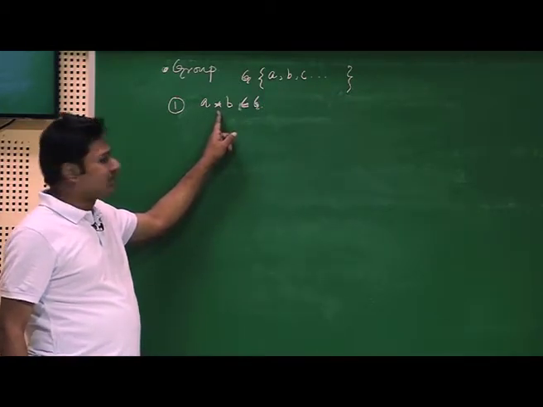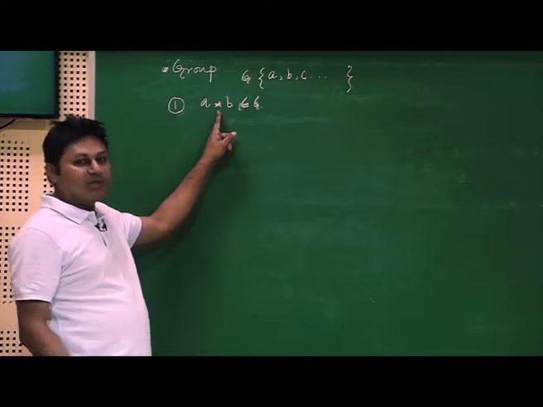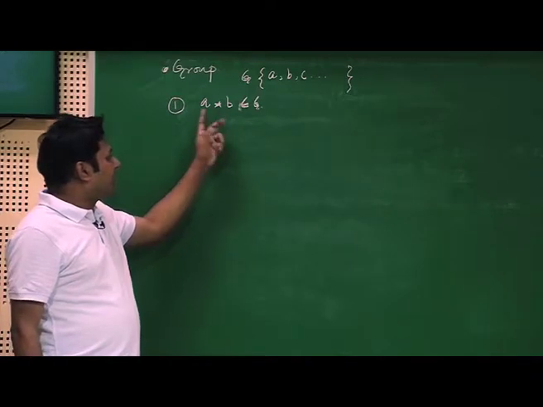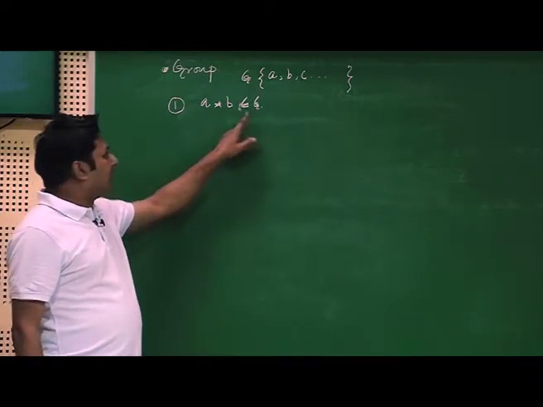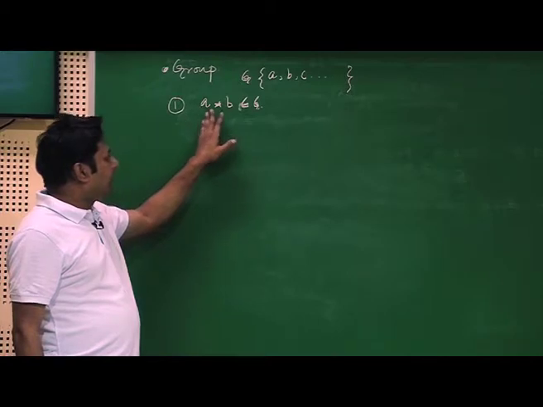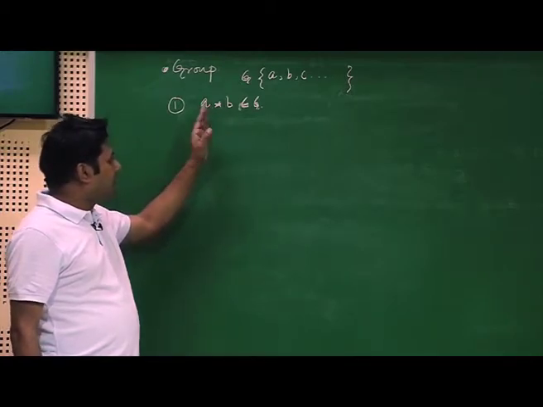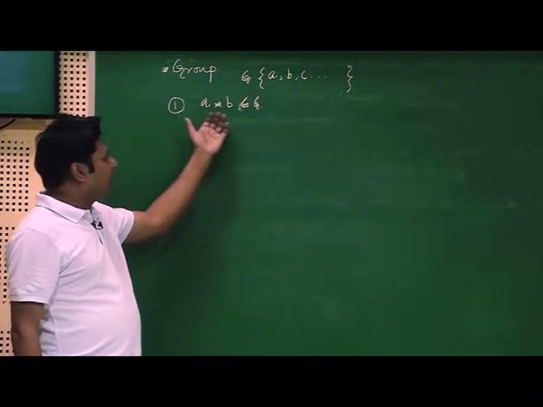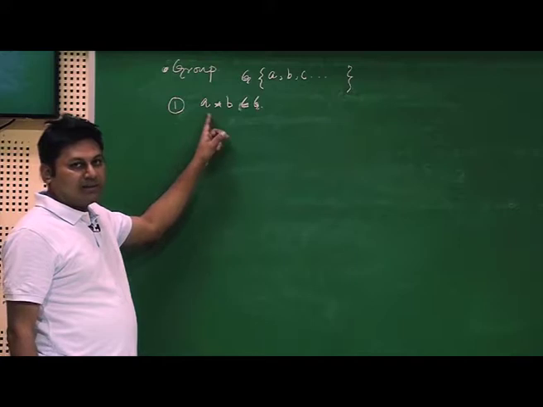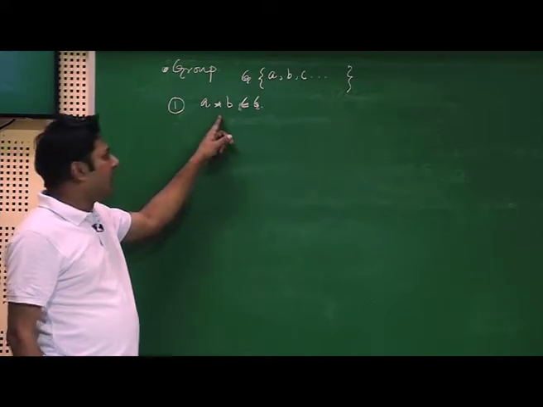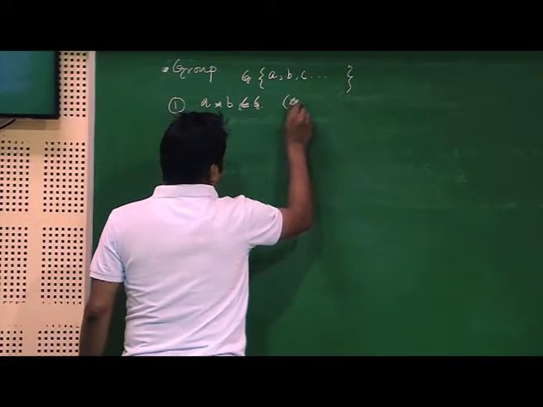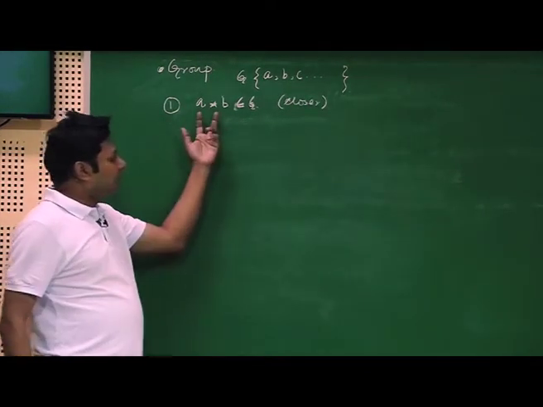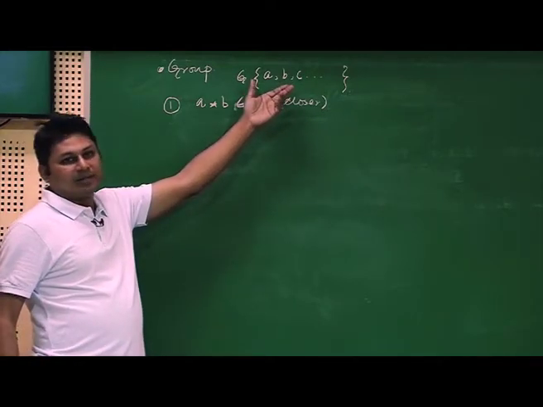Here consider star as a binary operation. I do not know for the time being what the star is, it could be plus, minus, multiplication, but it is an operation that I apply over 2 elements and I get something. So, I operate on 2 elements with a binary operation and what I get has to be inside G. By definition this is true, because that is the definition of a binary operation. It is called the closure property, closure. That means I operate over 2 elements, and whatever I get is inside the set.